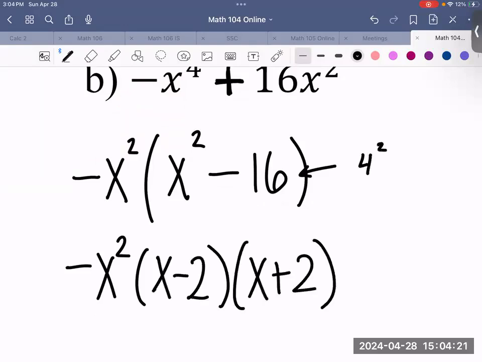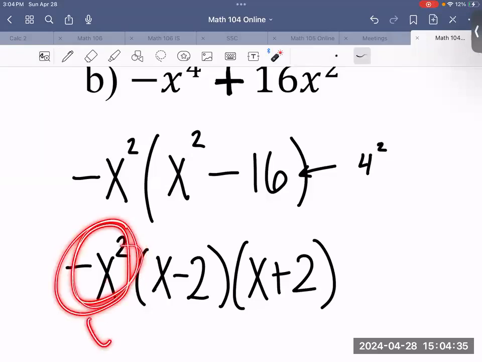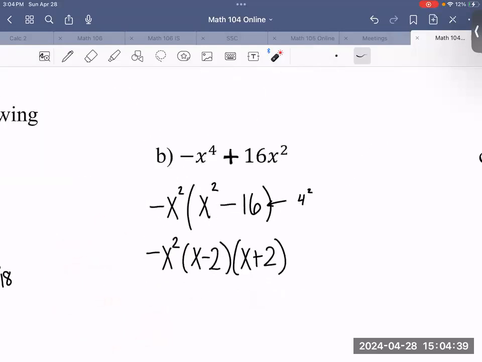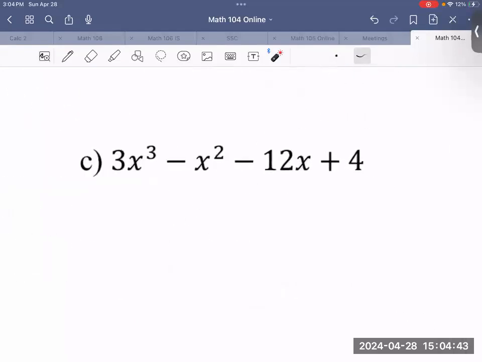This would be considered fully factored. It also exposes how many x-intercepts that you have right off the bat. Now, what is going to be happening here when x squared is present? Well, this one would be a bounce. So you'll see it bouncing off of the axis.